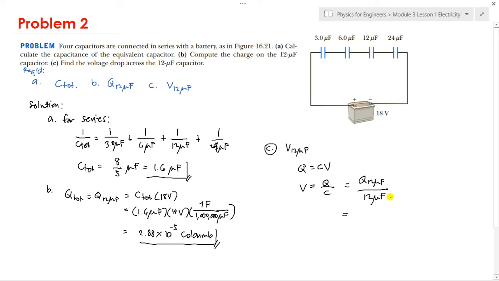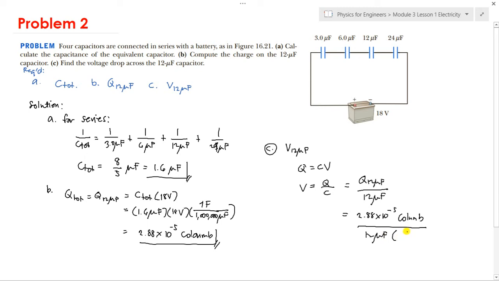Here Q of 12 microfarad is equal to the total Q. The total Q is 2.88 times 10 to the power of negative 5 coulomb, all over 12 microfarad.